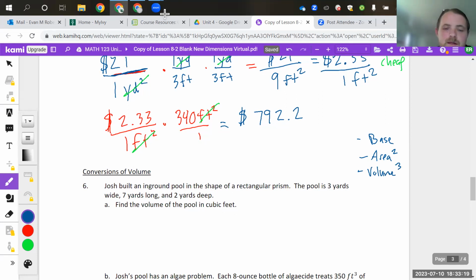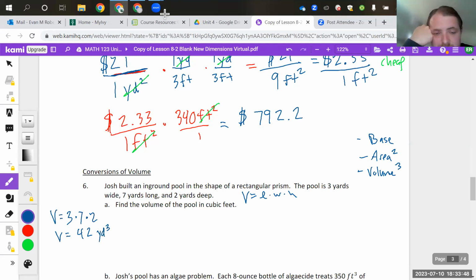So if we've got this in-ground pool, volume comes from length times width times height. So our volume is going to come from 3 times 7 times 2. So that volume is going to be 42 yards to the third power this time because I'm multiplying 3 things together.